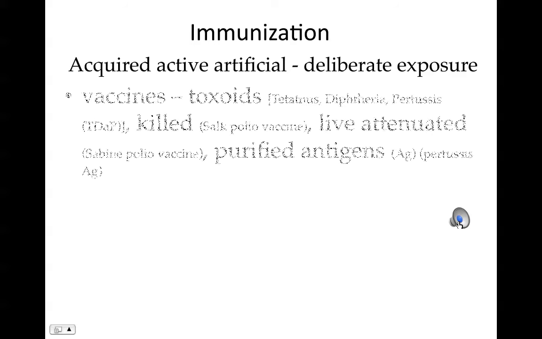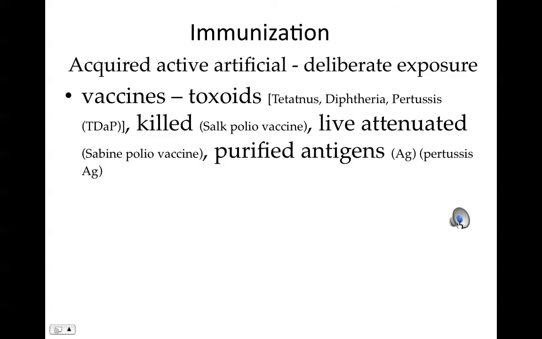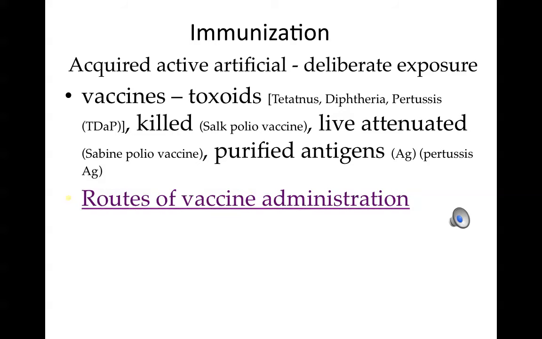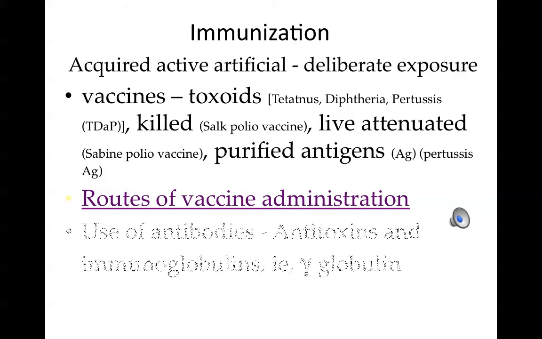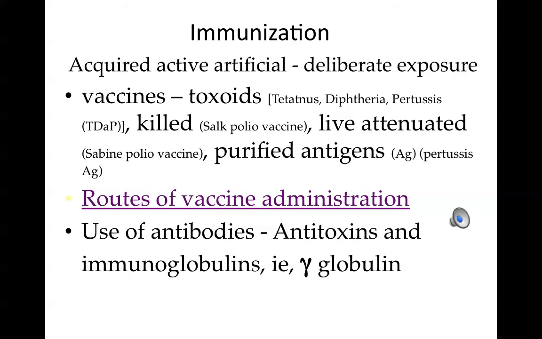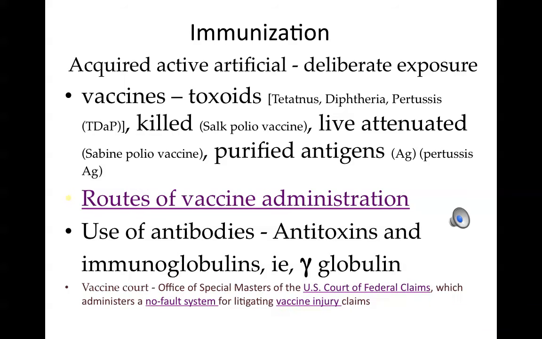In terms of immunization, what kinds of materials can be used to provide acquired active artificial immunity? Well, vaccines come in forms of toxoids. Toxoids are toxins that have been inactivated so that they're no longer dangerous, but instead simply immunogenic or capable of stimulating the immune system without causing disease.